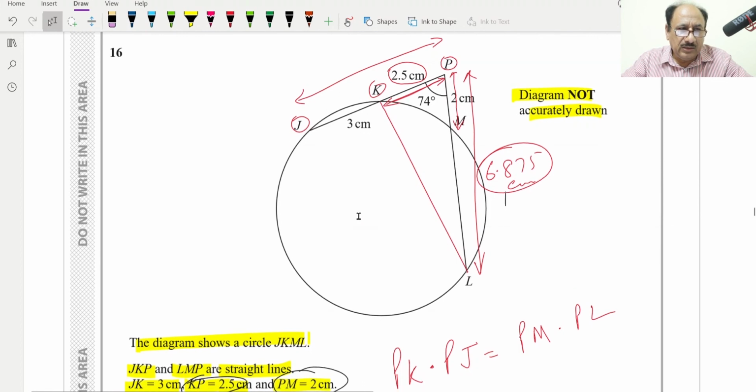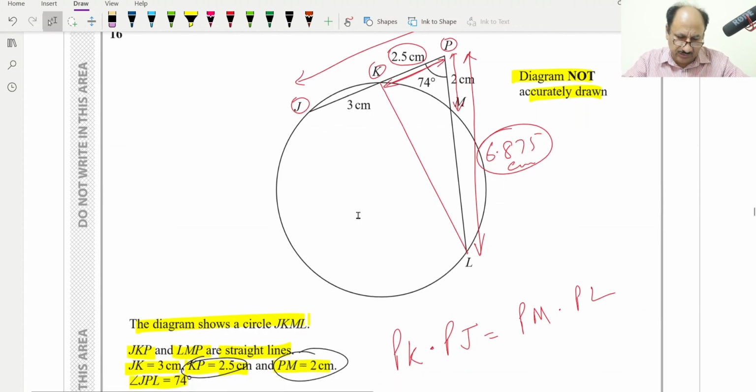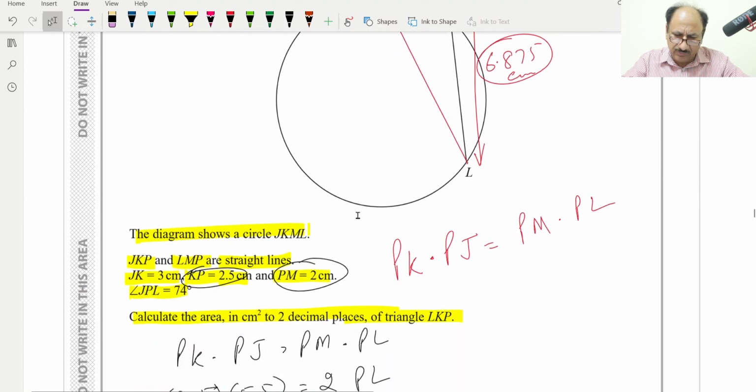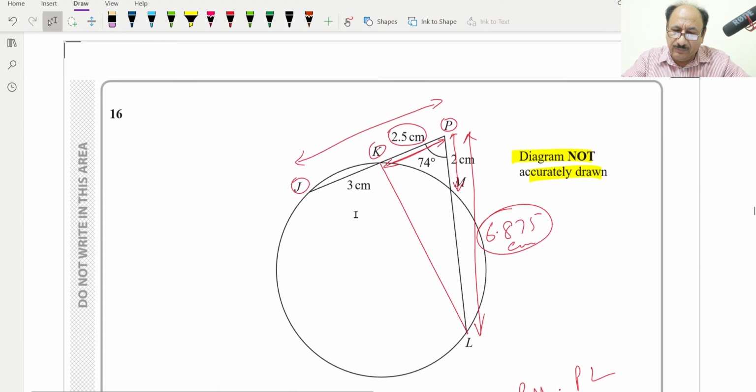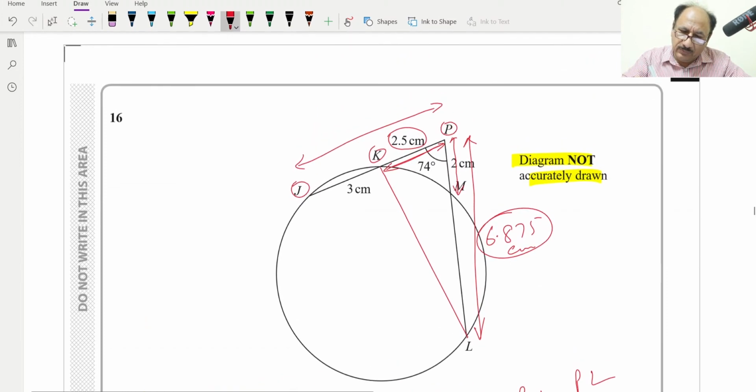Now we have sides of this triangle. They are saying calculate the area and circumference to two decimal places of the triangle LKP. So which triangle? I will highlight.